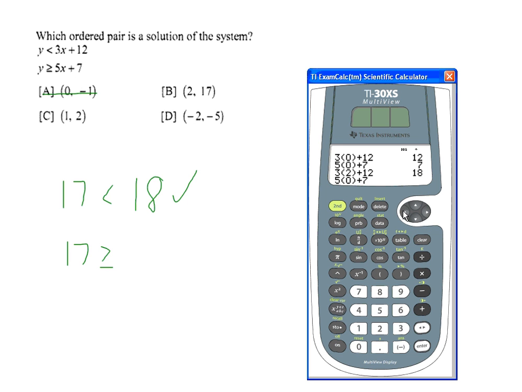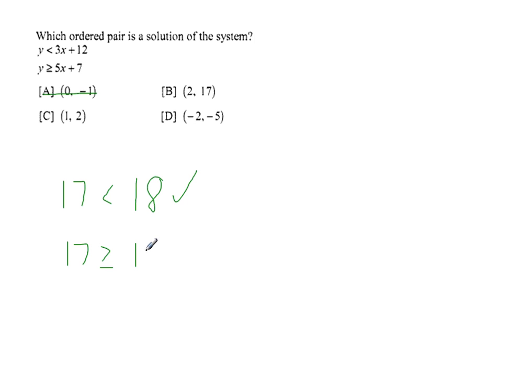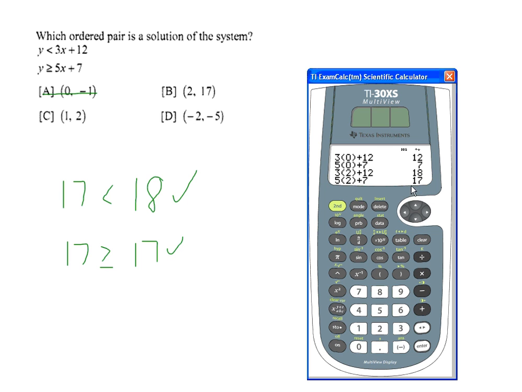I'm going to put 2 in, and so if 17 is greater than or equal to this one, then that's my answer. And so we got 17 in the calculator. So 17 is greater than or equal to 17, so this one checks out. It did equal 17. And so since both of these checked out, B would be my answer.